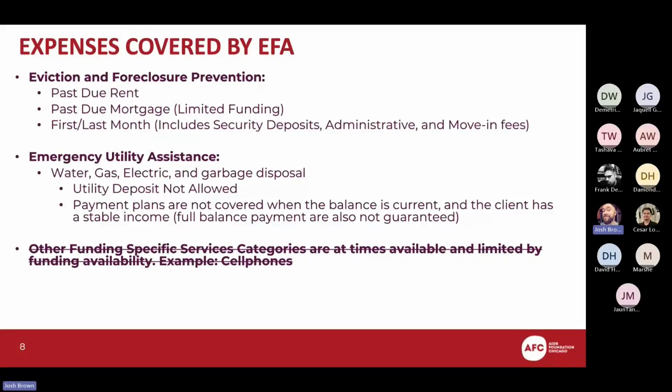Because it's been super cold and people have really high utility bills. And then we see it again at the end of summer when people have really utilized AC all summer and then realize just how expensive it's been. So we typically see 2 influxes for utilities, while rental assistance, mortgage assistance, and first and last month's rent we tend to see year round.